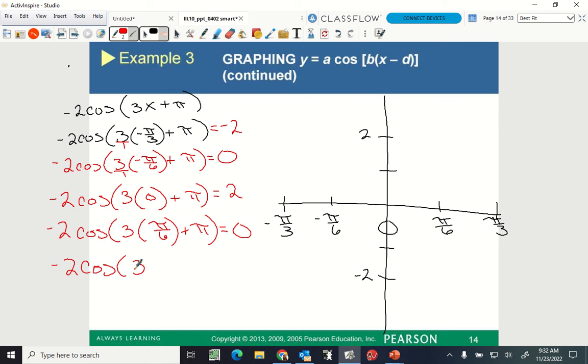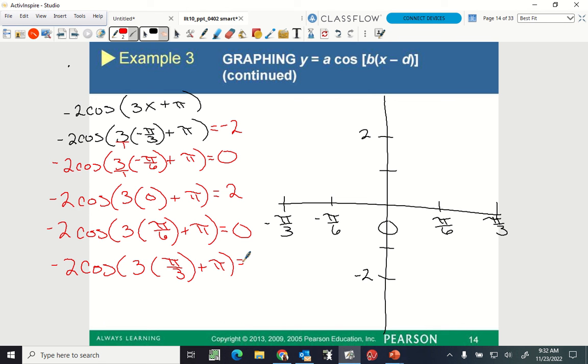cosine of 3 times pi over 3 plus pi equals. This one should be an easy one. What's going to happen to those 3's right there? They cancel. So what's going to be left? Pi. So now it's pi plus pi, which gives me 2 pi.